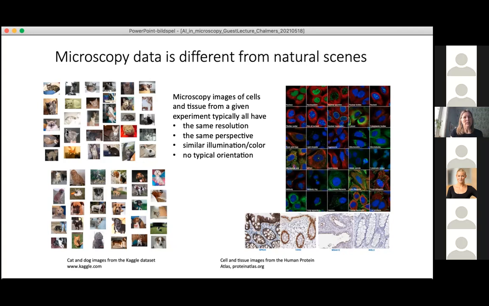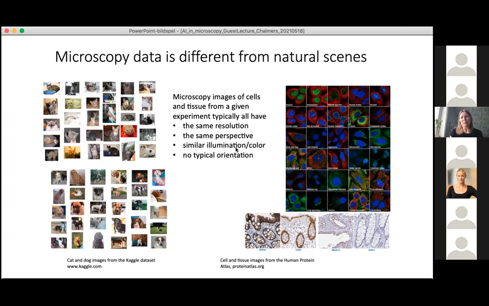I mean, the cats and the dogs here can be imaged either very close or very far away from the camera. But here we always have the same resolution. We also have the same perspective. We always see the cells as they are growing on the surface, or of these tissue slices that are just a thin slice from something three-dimensional.